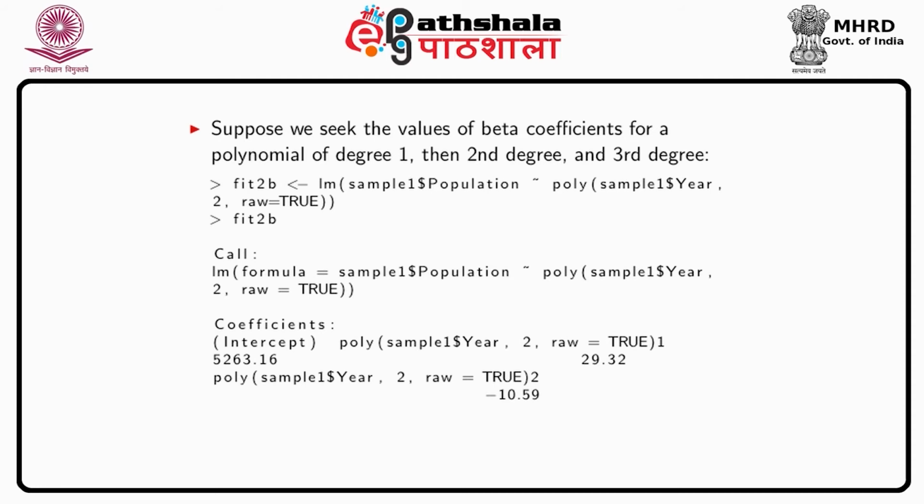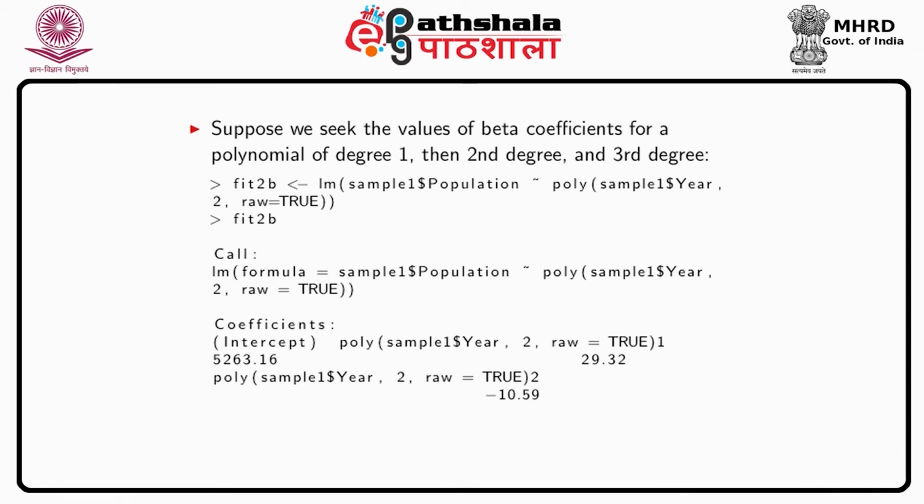So the coefficients are still linear, so we are still free to use the LM function in R to fit the polynomial regression model. So we call for a 2nd order polynomial regression model, and R gives me the output, which is the coefficient estimate for the intercept, the coefficient estimate for the 1st order polynomial, and the coefficient estimate for the 2nd order polynomial, which is corresponding to x square.